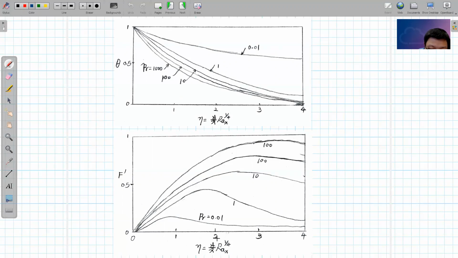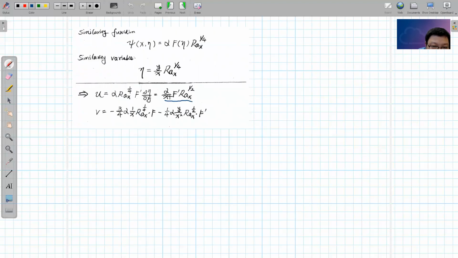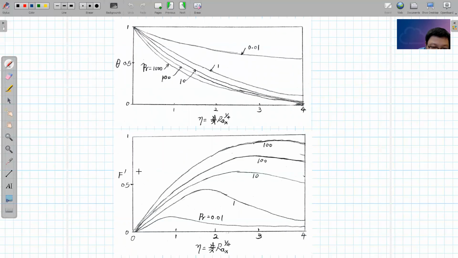And this is the velocity result, f prime, because f prime gives you the u velocity at a fixed x location, right? So you can look at this f prime result just like the shape function of the u velocity inside the boundary layer.